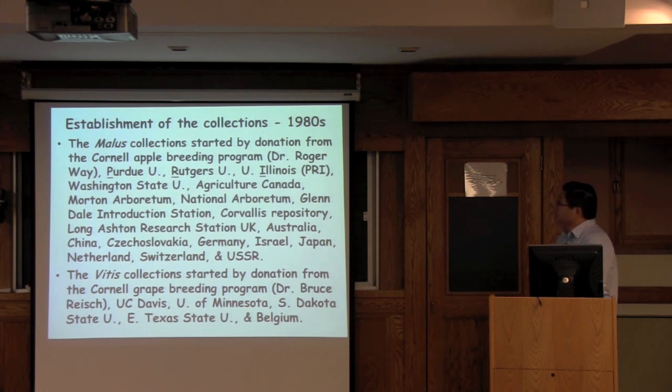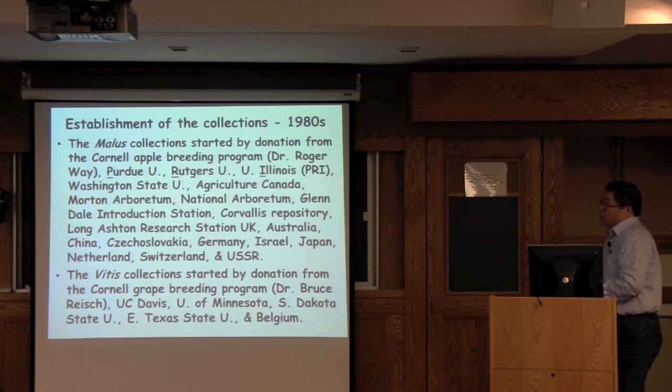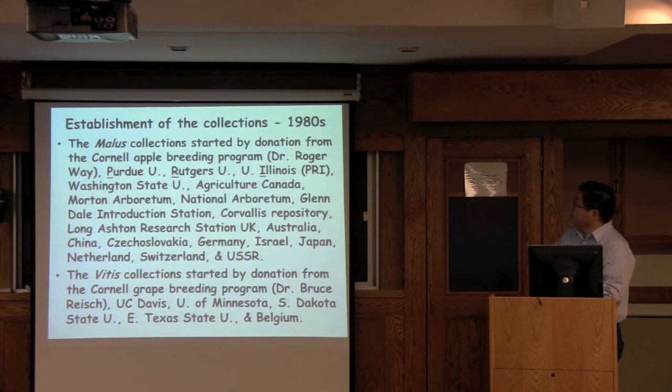But we also got a lot of material from other breeding programs in the United States, such as the PRI program, which stands for the apple breeding program among three campuses: Purdue University, Rutgers, and the University of Illinois. We also got material from other campuses and from Agriculture Canada, from the English national collection at the Long Ashton Research Station, and from several other countries.